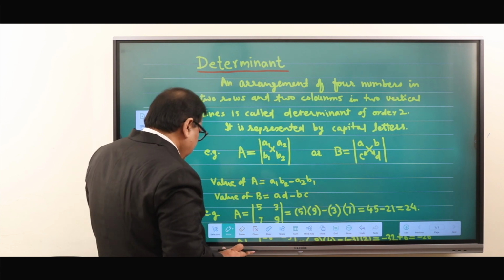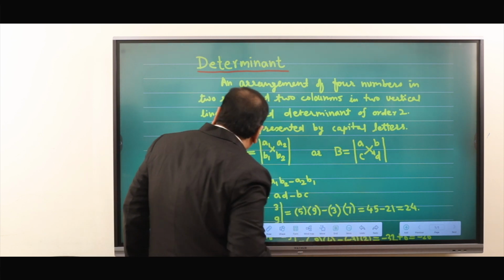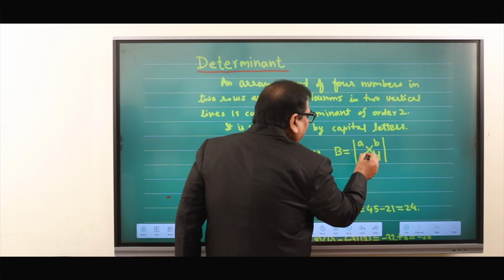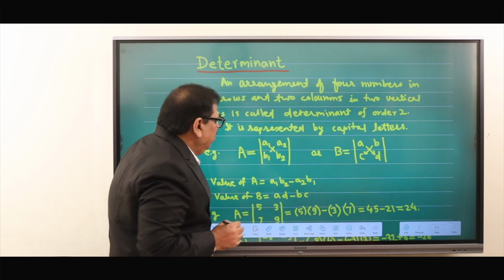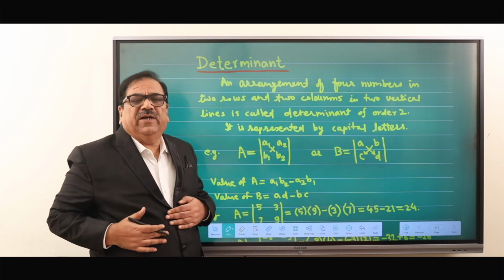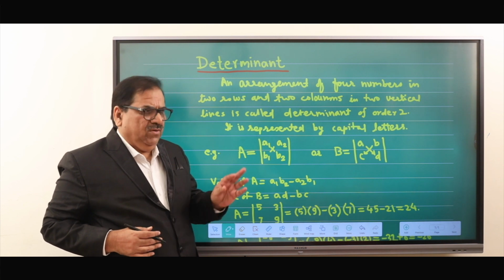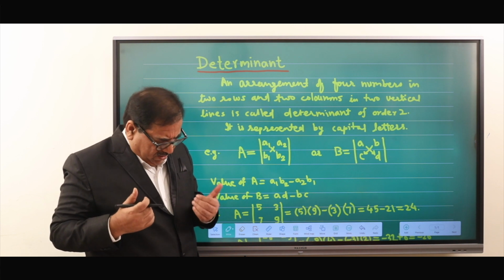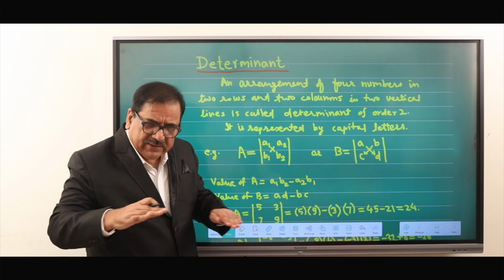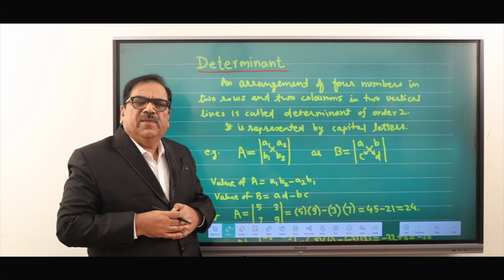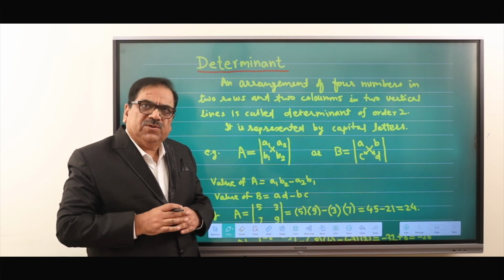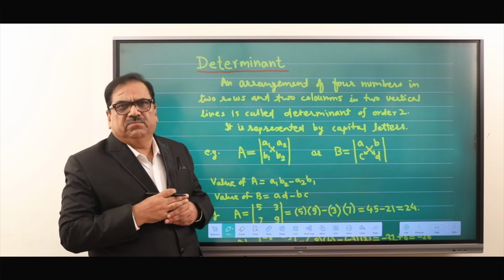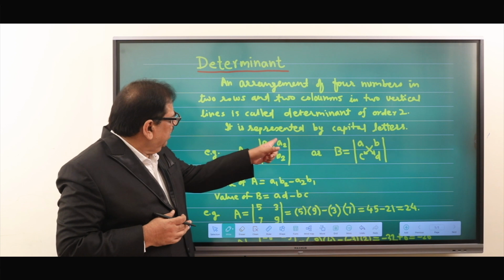The value of a determinant is the product of the numbers in the first row, first column and second row, second column, minus the product of the numbers in the first row, second column and second row, first column: a1 b2 minus a2 b1.